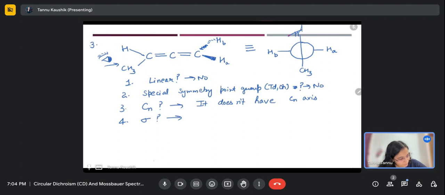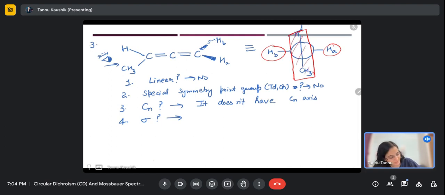This molecule has one plane, which will contain this methyl and hydrogen group, and these two hydrogen atoms which are out of plane will be reflected through this plane. Okay. So yes, it has a molecular plane.